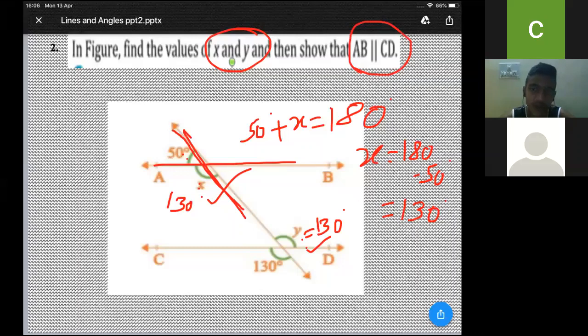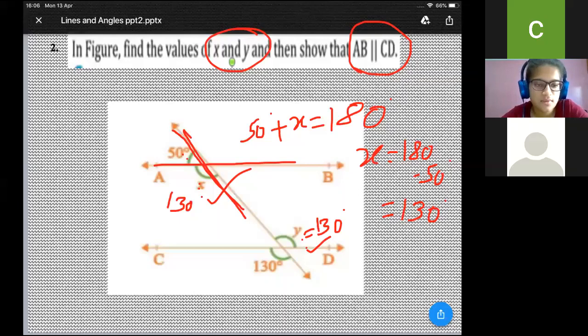We can say lines are parallel when alternate interior angles are equal, corresponding angles are equal, or co-interior angles are supplementary. Got it? These are the theorems which we have learned on converse of the theorems.